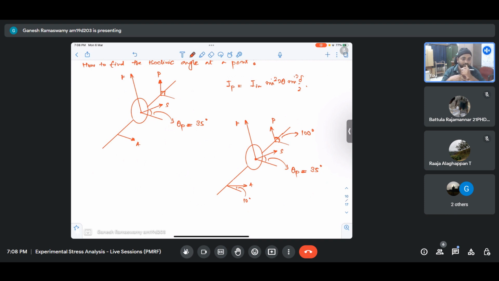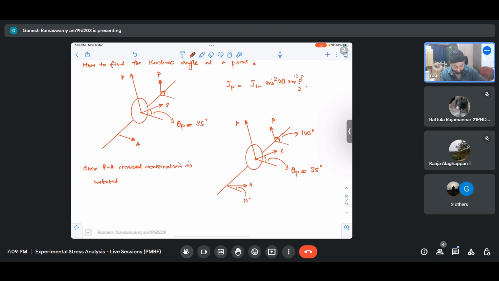Now, when I rotate the crossed polarizer and analyzer combination, will I be seeing any movement in the isochromatics? No, actually, I will not. Once the crossed polarizer analyzer combination is rotated, only theta p will change.